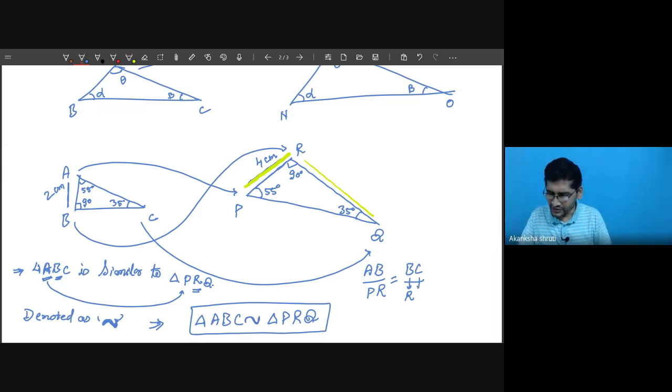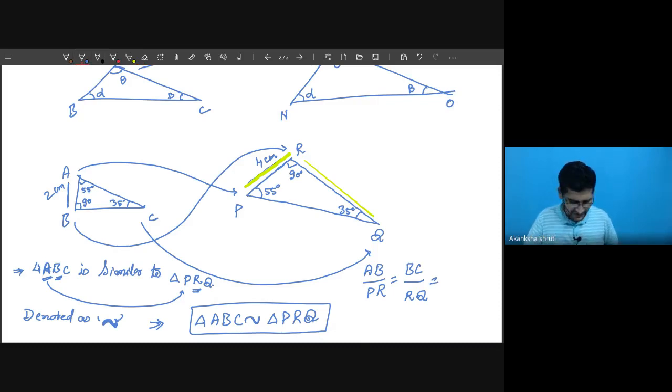And corresponding to C, the vertex is Q. So RQ. This way you have to write the ratio, or you have to understand the ratio. Understanding ratio is very important. So this is the second ratio.